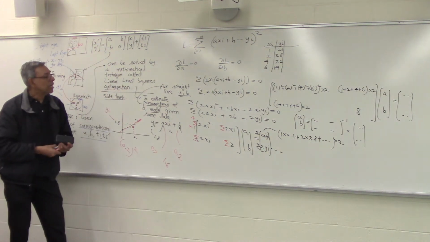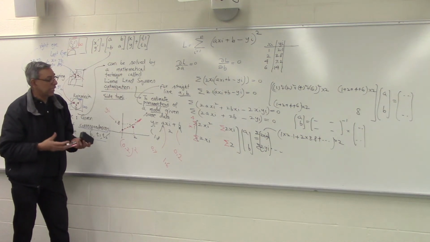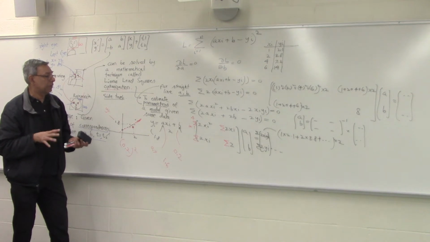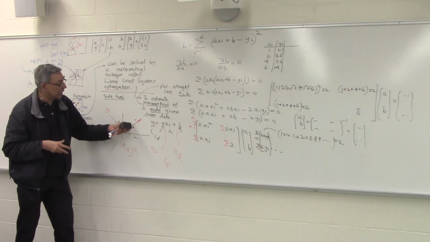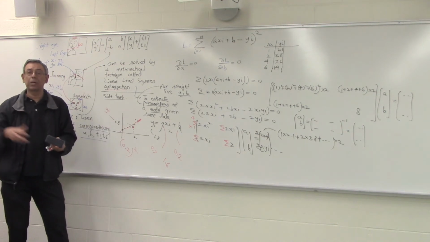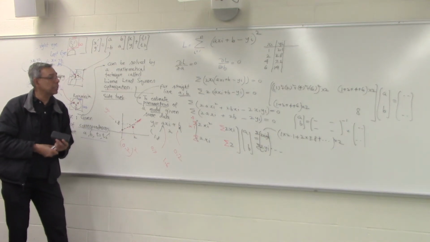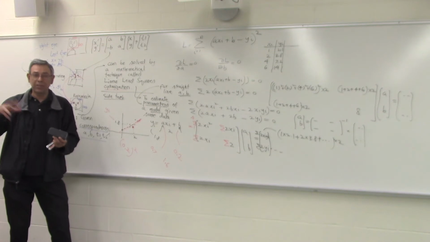Okay, now in the deep learning class, one of the assignments that I gave was to do it not for a straight line, but for a second order curve. So for you guys, let me give you an assignment for a third order curve.